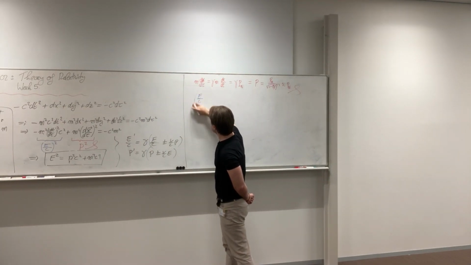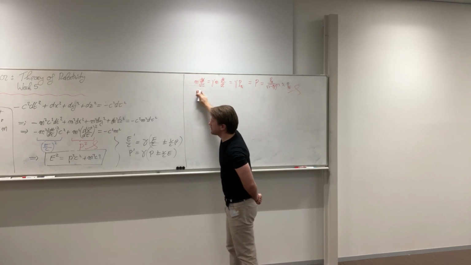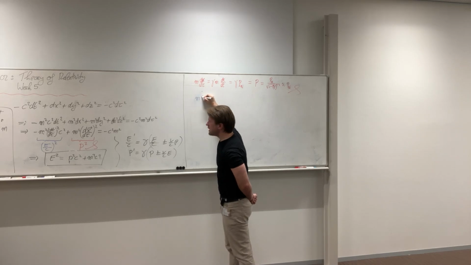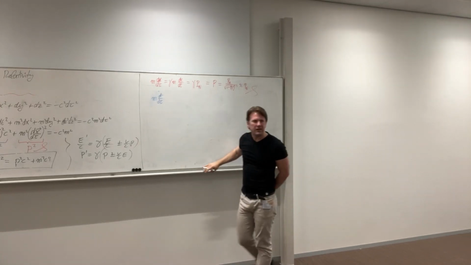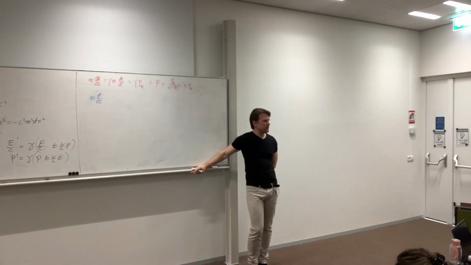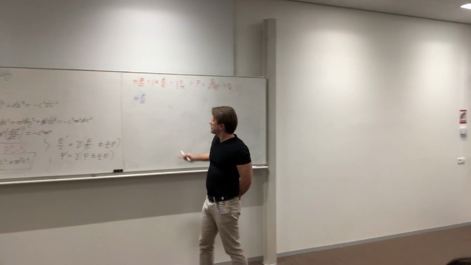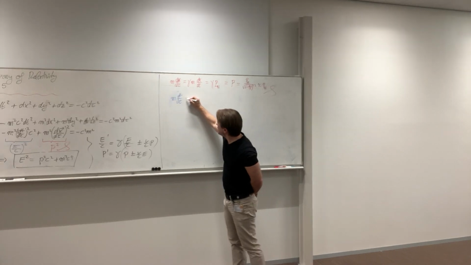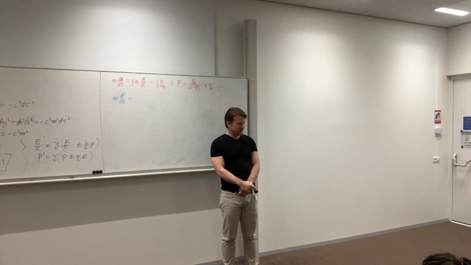E over c, according to my claim over there, let's write it like this, m times dt d tau, with a c someplace to be plugged in a moment. My claim is this is an energy. Well, how do I know that? Let's first observe that dt d tau is a number that we know.